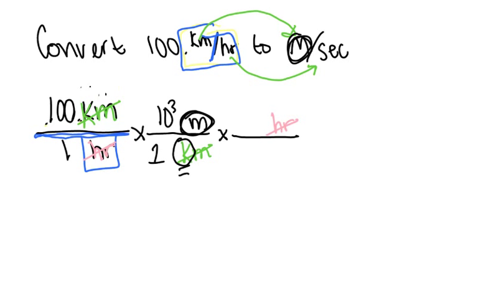Now, this is again not using the powers of 10, but I think we are all pretty clear on the conversions that we need, because we all know that in 1 hour there are 60 minutes.